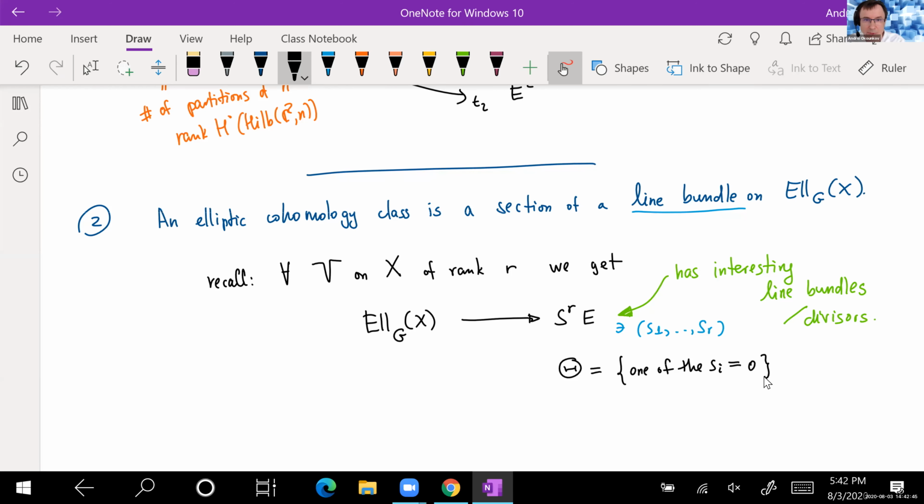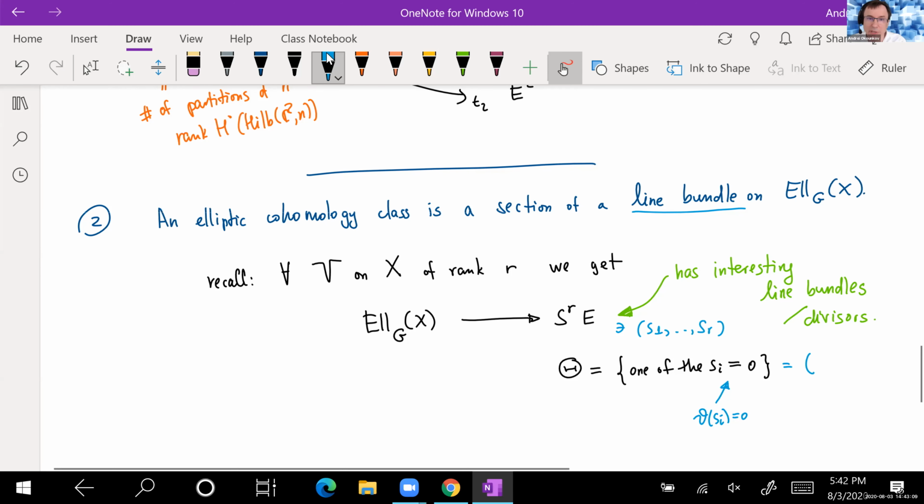That's good. In more conventional terms, if I think of a divisor where SI equals 0, this is the divisor like theta of SI equals 0. So this is more or less the divisor of a product of theta functions.